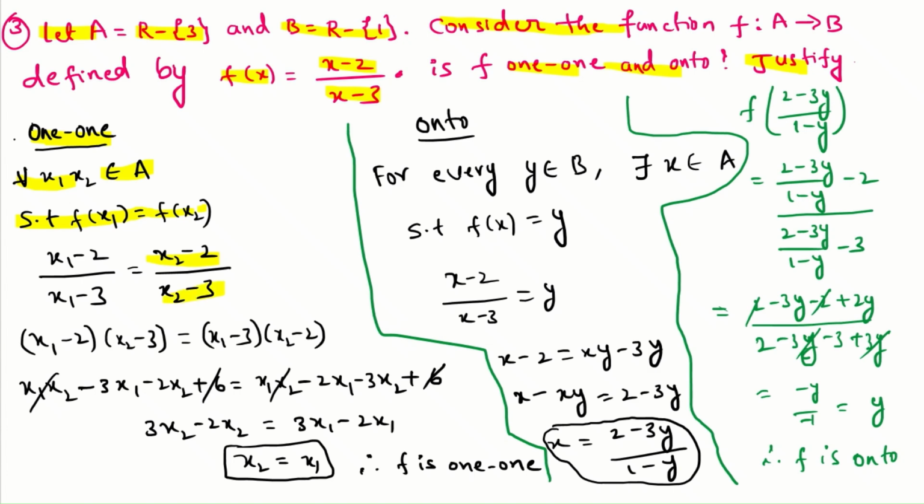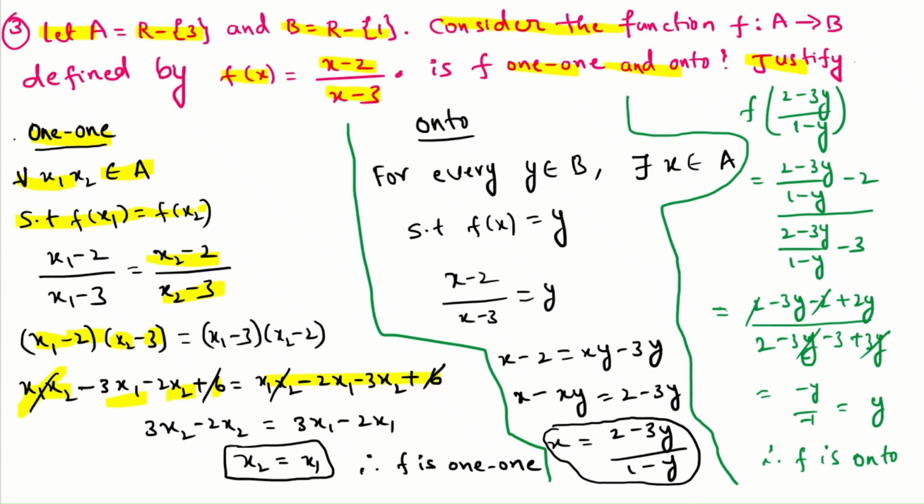Cross multiplication, then x1 into x2, then minus 3 x1, then minus 2 x2, then minus 2 into minus 3 is plus 6. In the same way we multiply the other side, we got this one.